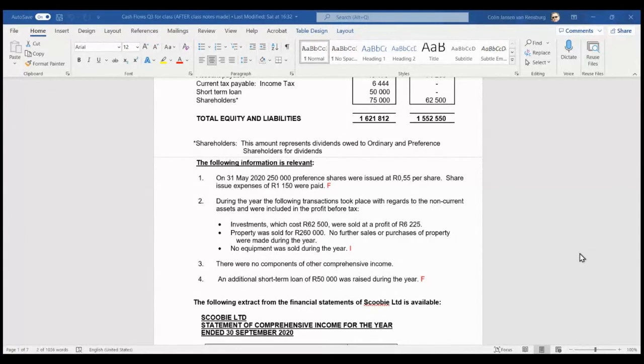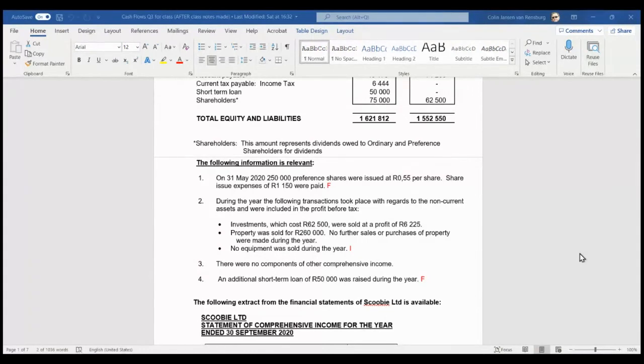How did they arrive at that figure? They simply took the 62,500 rands, the cost of the investments. Remember, there's no accumulated depreciation or amortization on these investments. They are simply stated at cost, right?